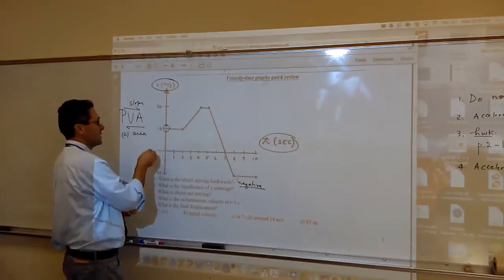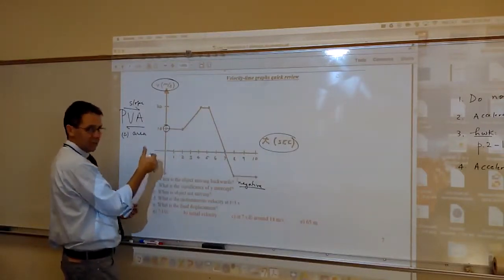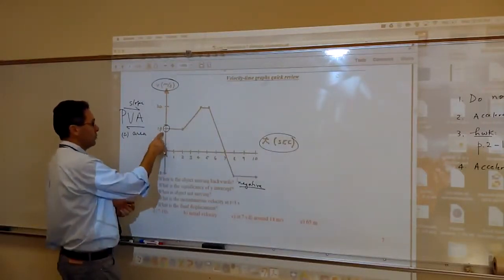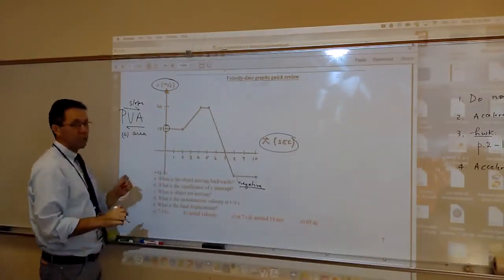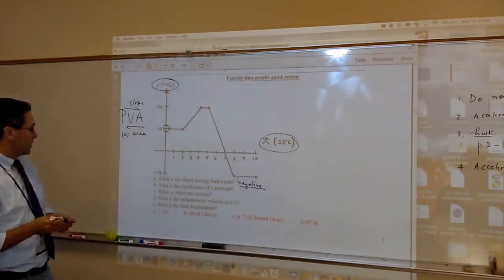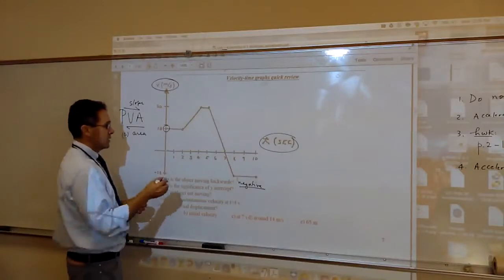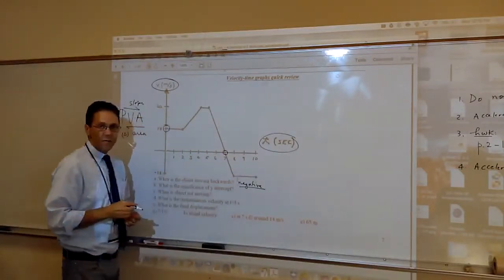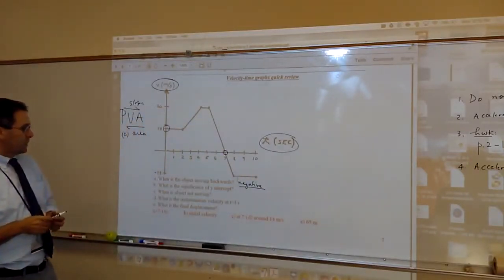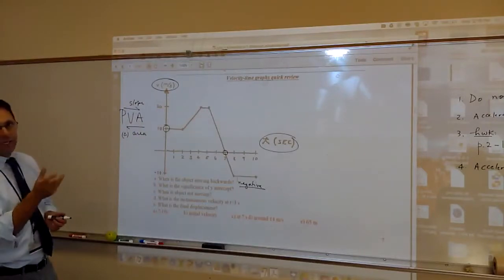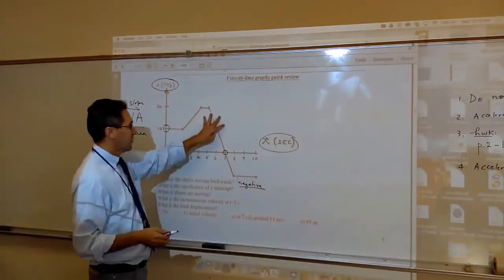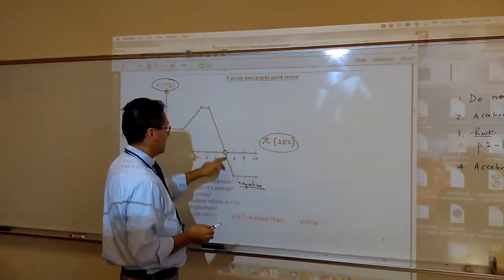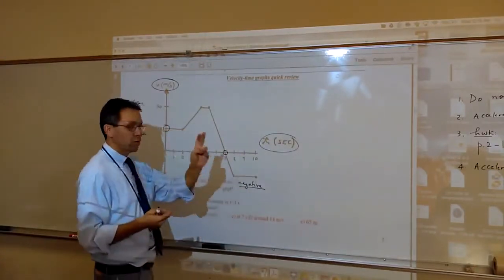Well, this basically just tells you that when the clock starts, you're moving at 10 meters per second. So that's your initial velocity. When is the object not moving? At 7 seconds, right? The object is going to turn around. So it's going in the positive direction up to 7 seconds, and then it turns around and starts to go in the opposite direction.